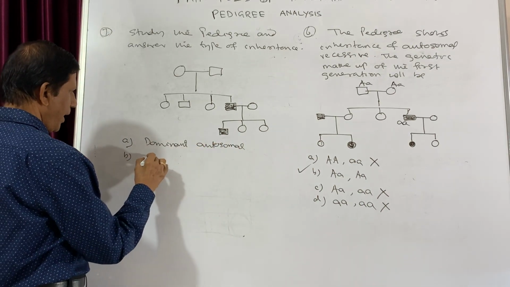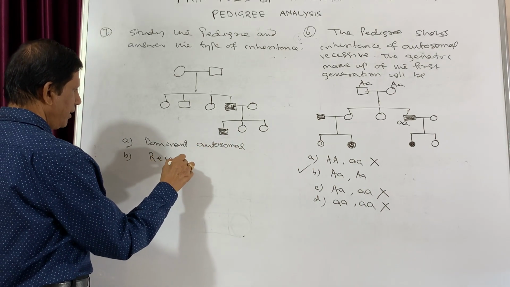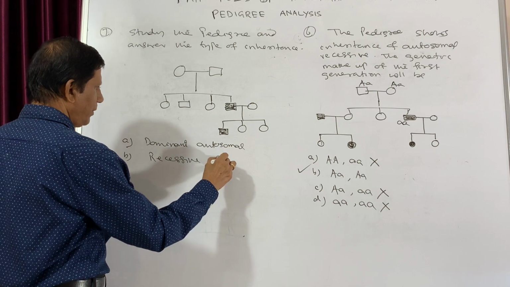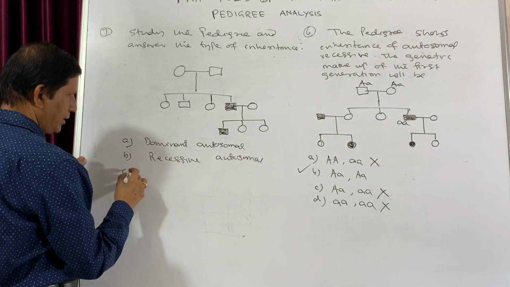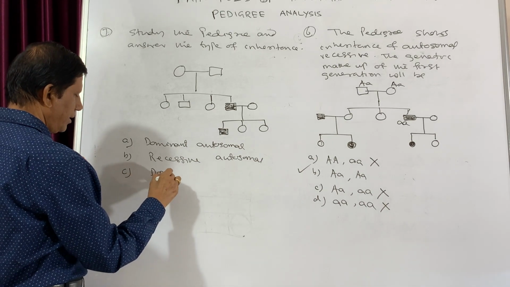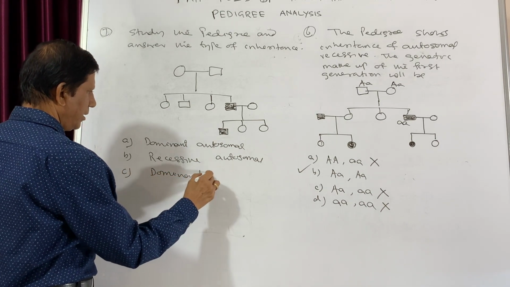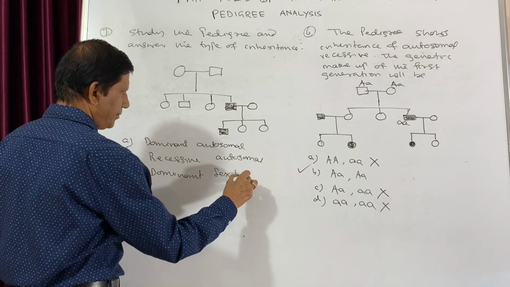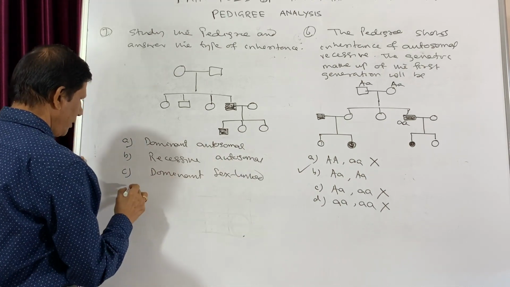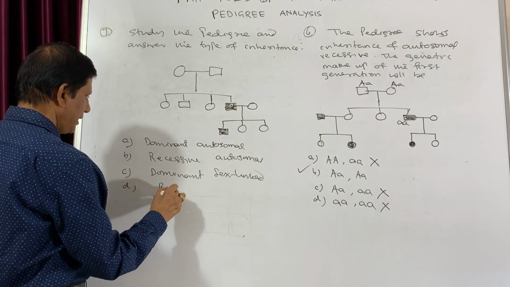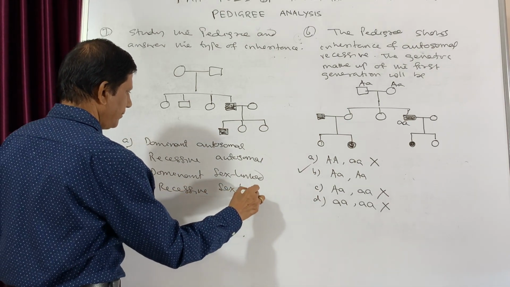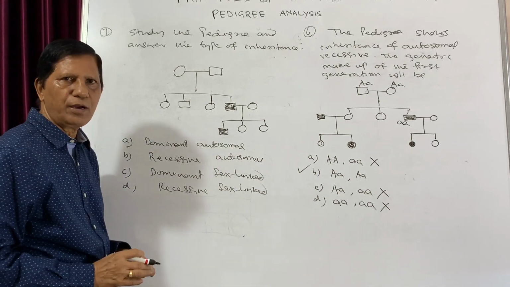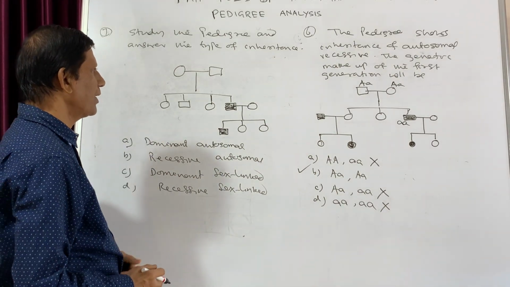Second choice, recessive autosomal. Third choice, dominant sex-linked. Fourth choice, recessive sex-linked. Now you have to answer which is correct.